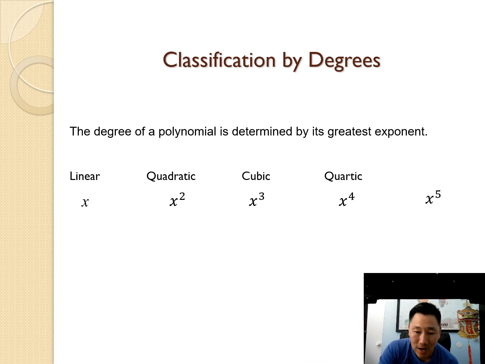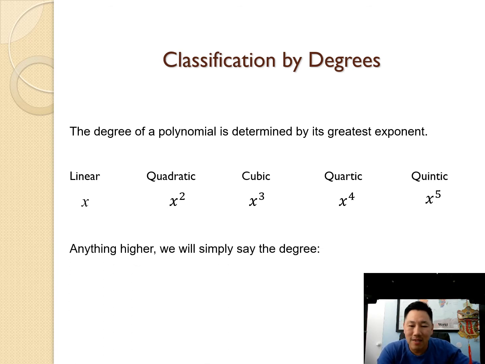X to the fifth power, quintic. And then anything higher than the fifth power, we're just going to say that degree. So for example, x to the eighth power, we're just going to say it's the 8th degree polynomial. So anything above 5, we're just going to call it the way it is.